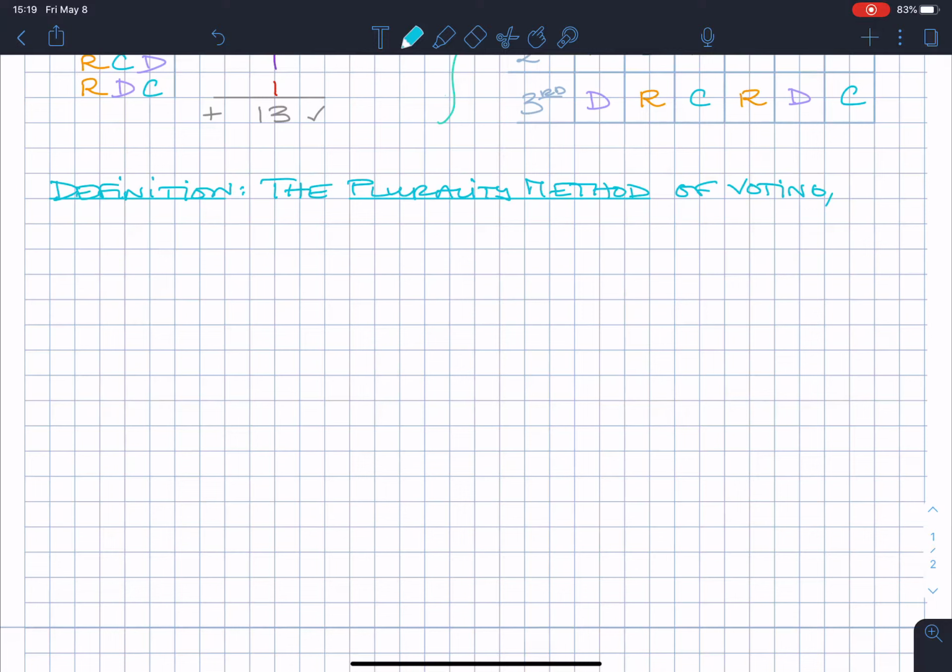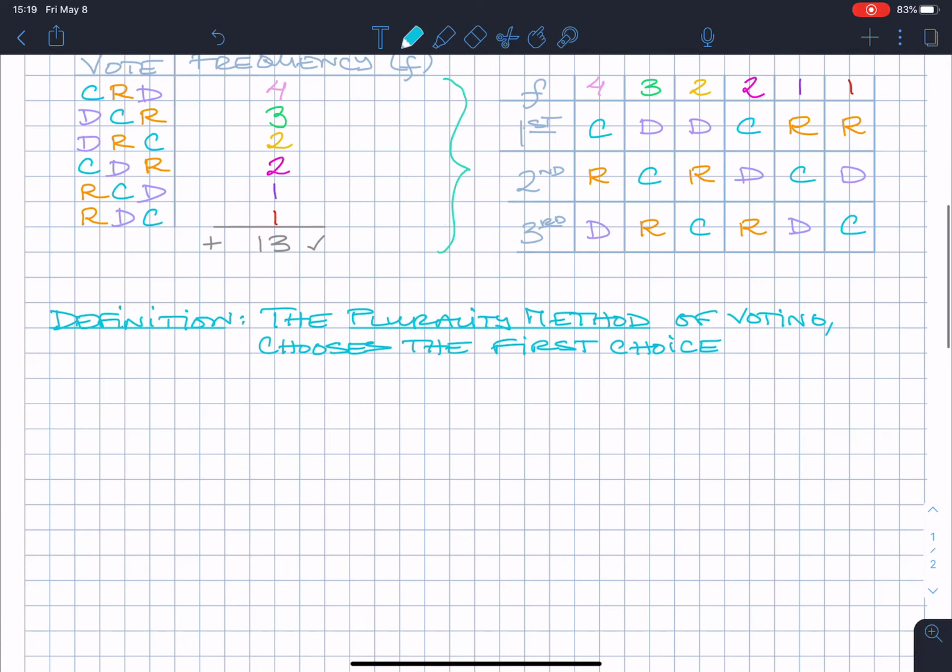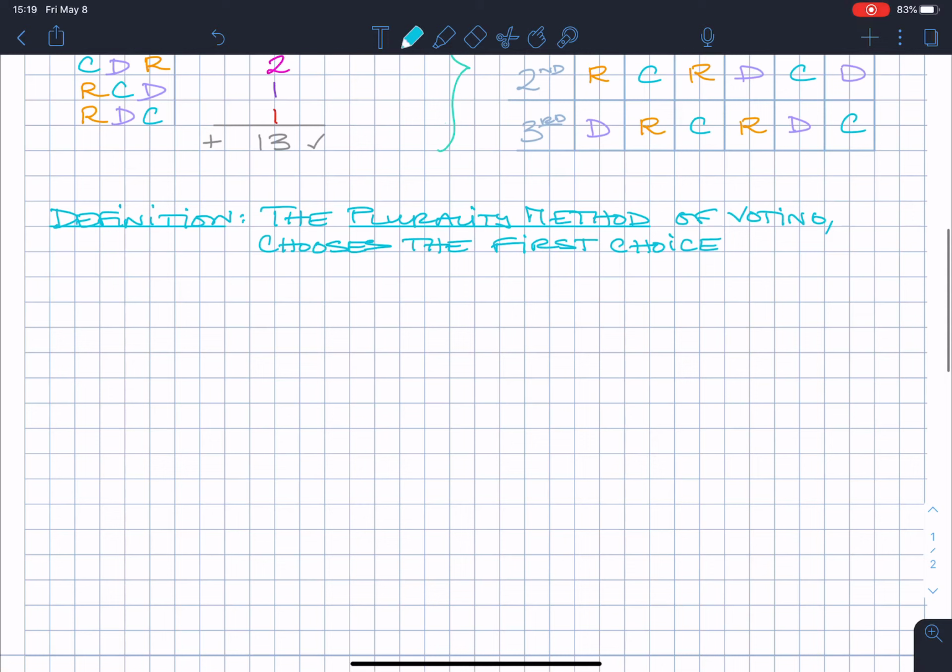It chooses the first choice with the most votes. So above the first choice would be these guys. So the first choice with the most votes, i.e. highest frequency.